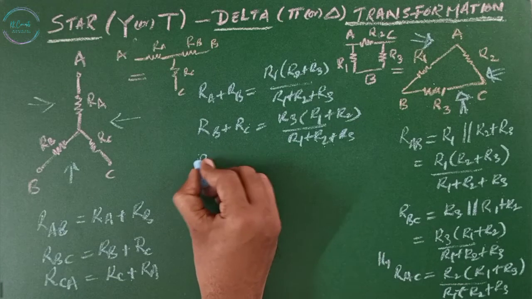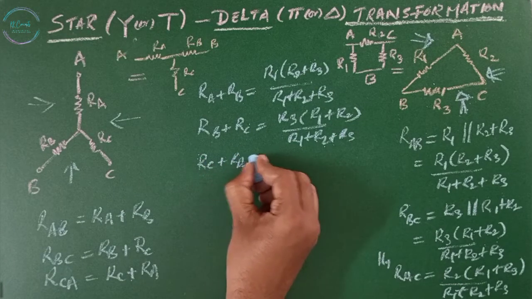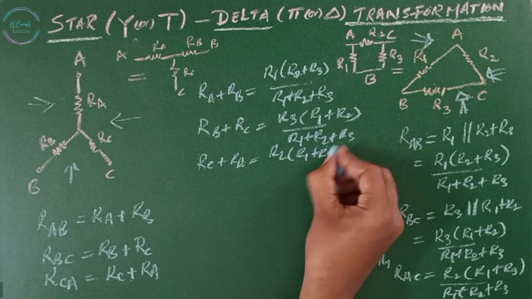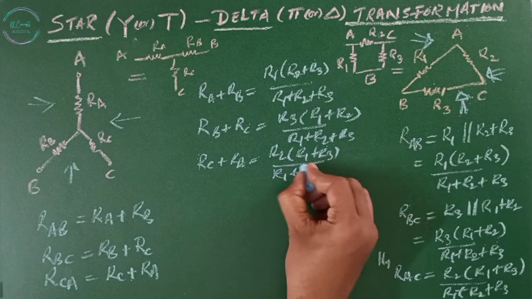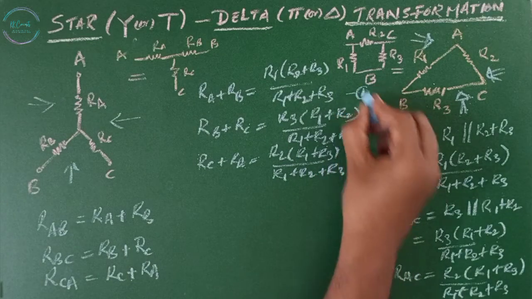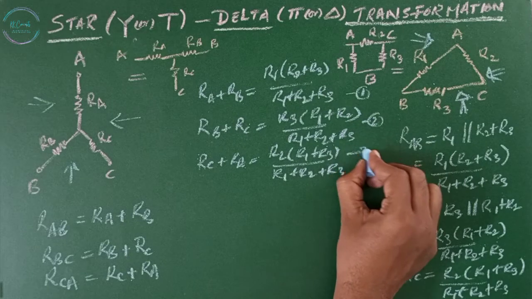And RC plus RA equals R2 (R1 plus R3) divided by (R1 plus R2 plus R3). Now we have three equations: 1, 2 and 3.